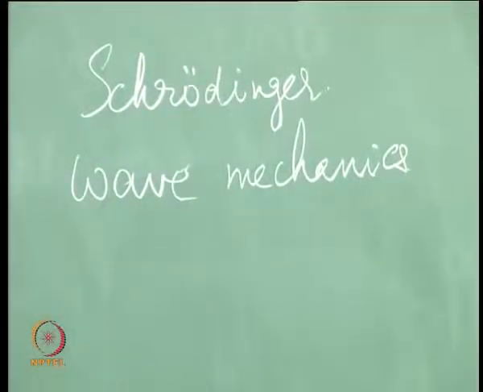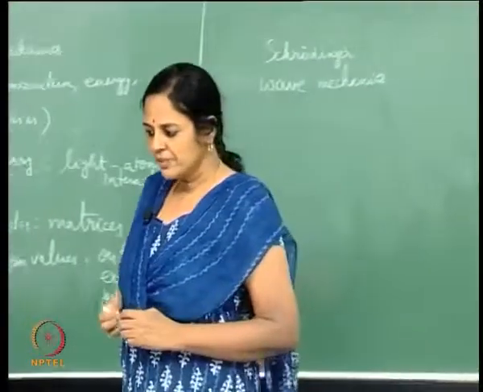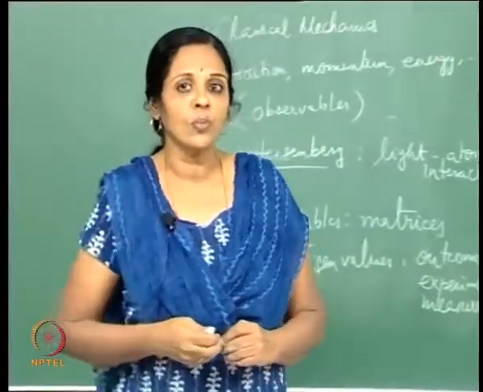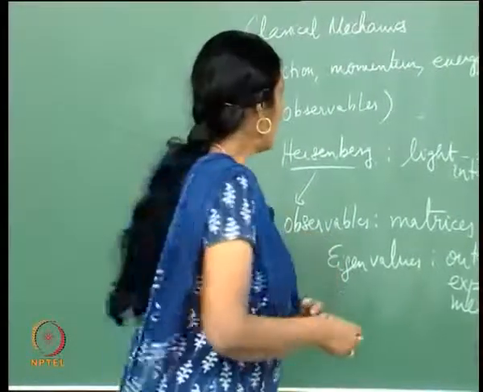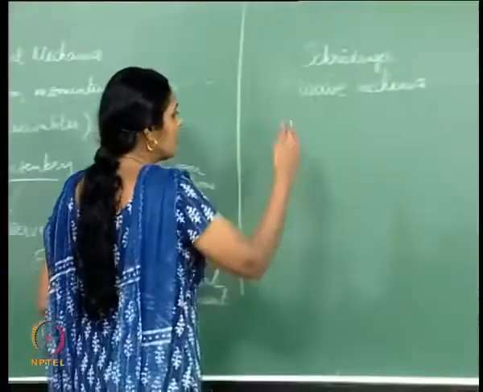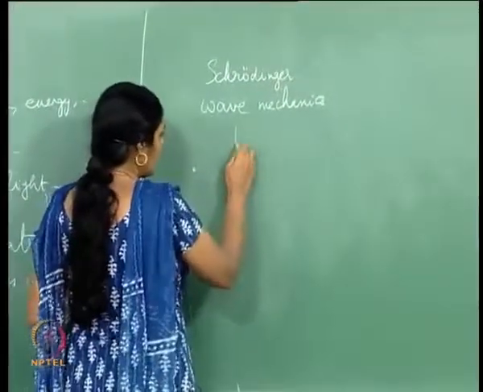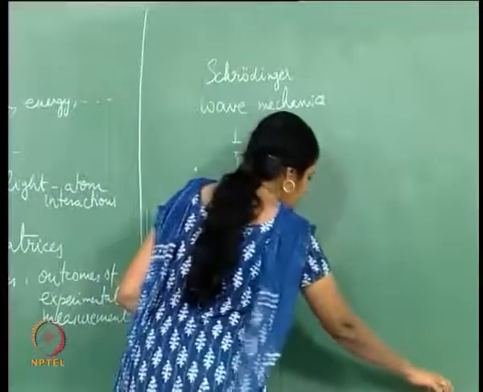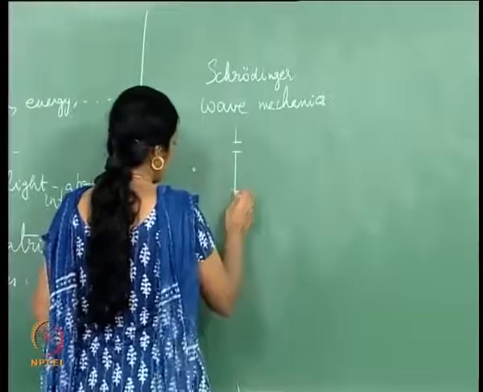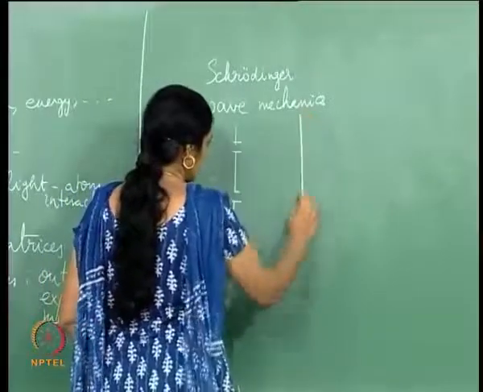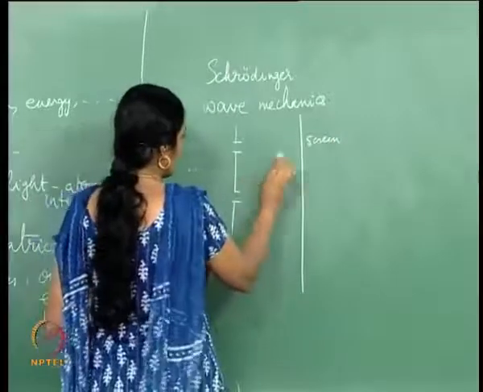Let us go back to the Young's double slit experiment. In the Young's double slit experiment, there was a non-zero probability of the electron being in the region between the slits on the screen. Recall the experiment.